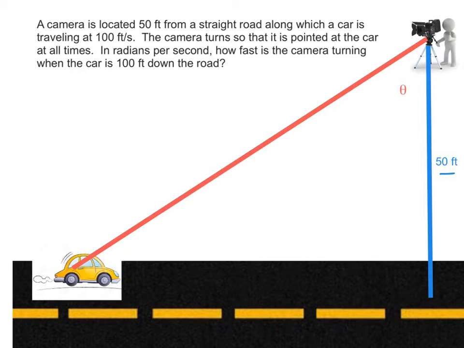We know the car was traveling at 100 feet per second, but we have to figure out what that represents. That's how quickly this distance is changing. So let's call that distance x. That means the 100 feet per second is dx/dt, and since it's getting shorter, it should be negative 100 feet per second.